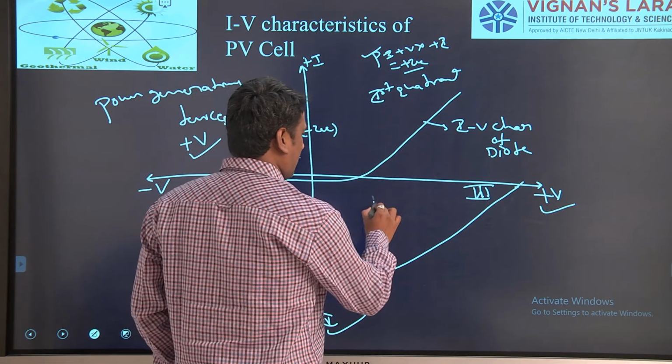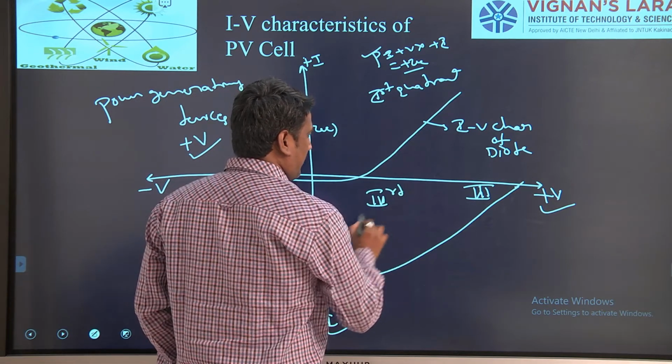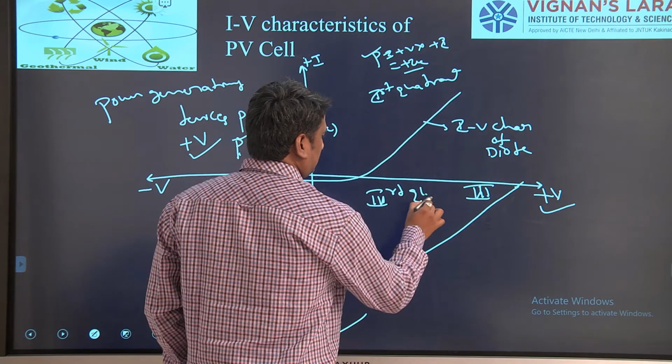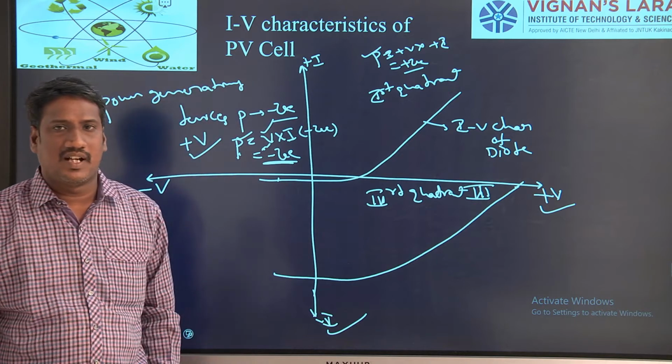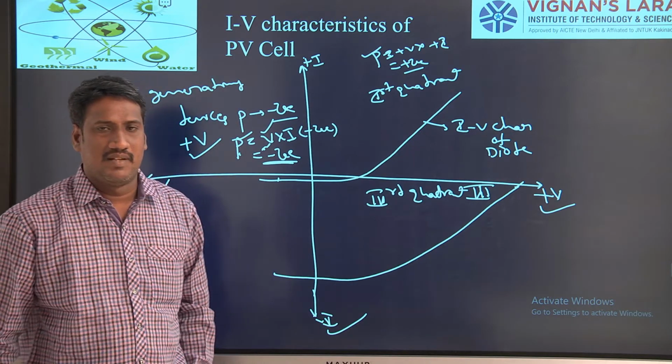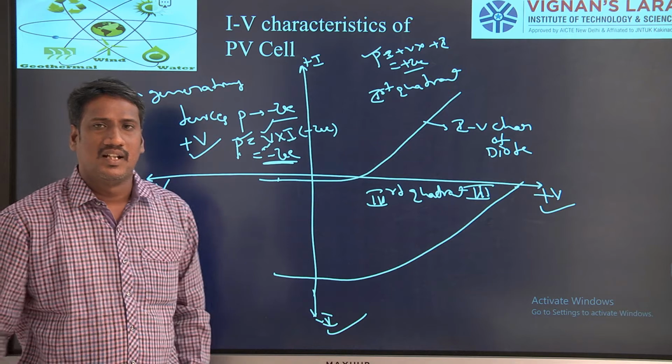So in the third quadrant we will have most of the operation of the PV cell, that you can observe.